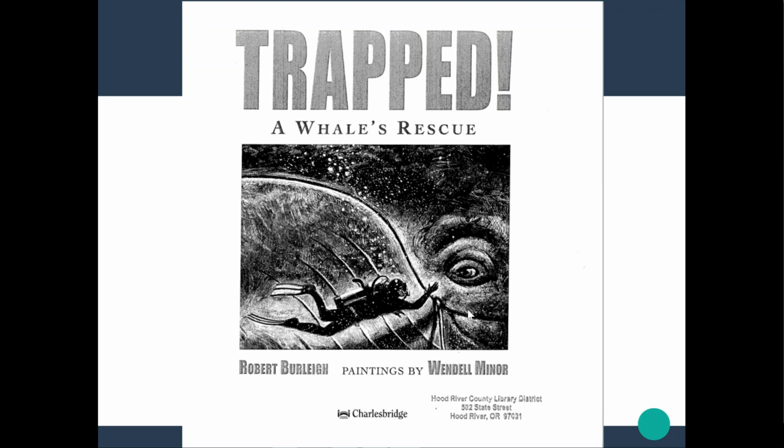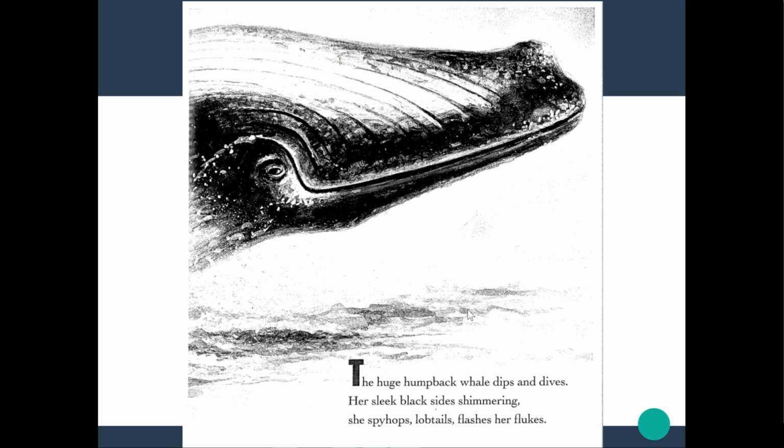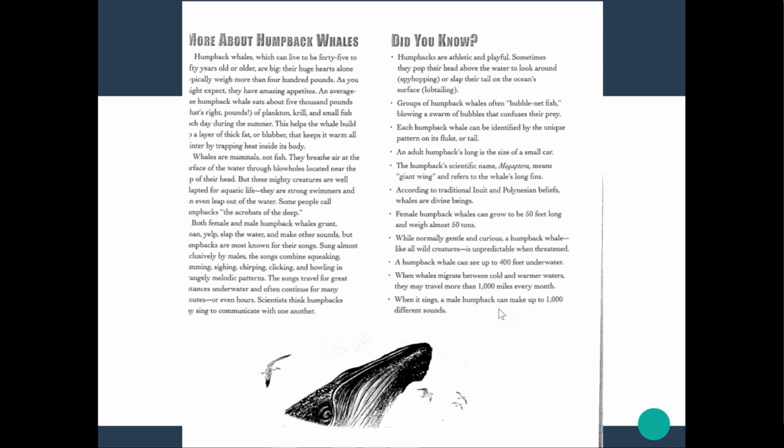So here we have the cover. It just looks like a regular picture book or non-fiction picture book. And here's then that supplemental information at the back of the book.